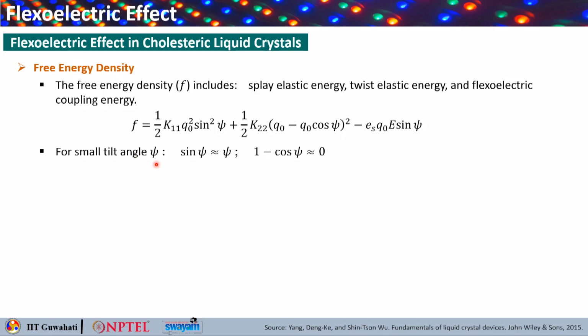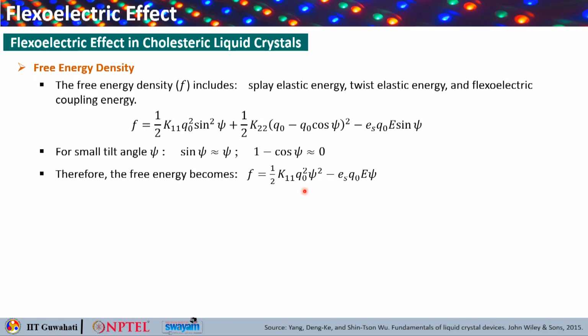Now, let us assume that the induced tilt is very small, so your psi is very small. So in the small angle limit, you can write sin psi equals psi, and cos psi becomes 1, so 1 minus cos psi becomes 0. In that case, this free energy density equation can be simplified.